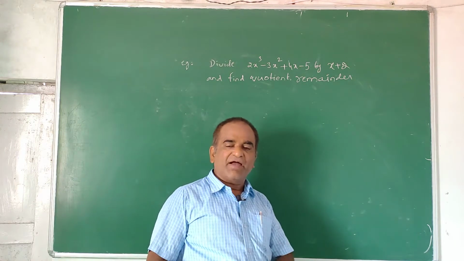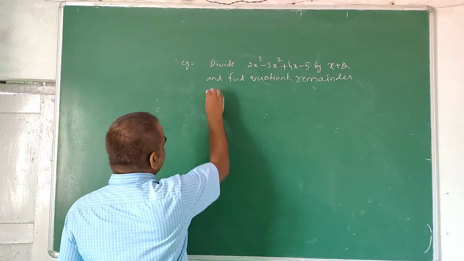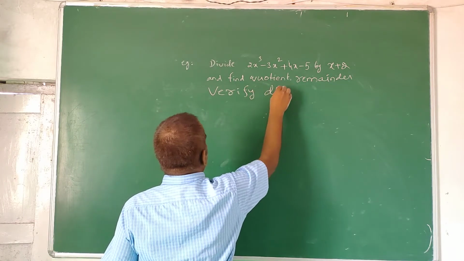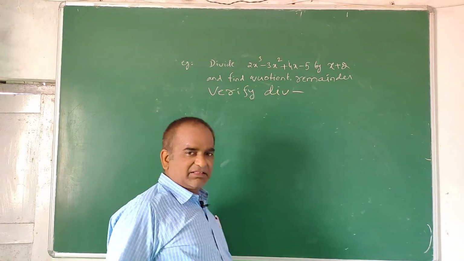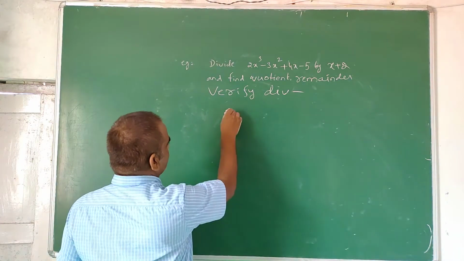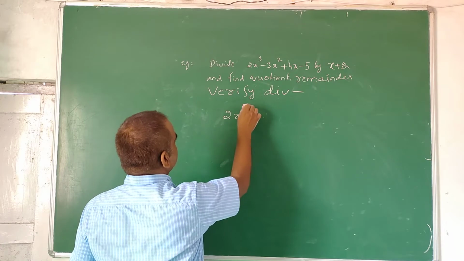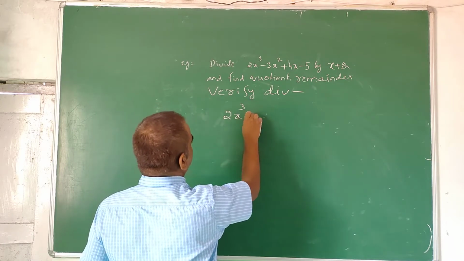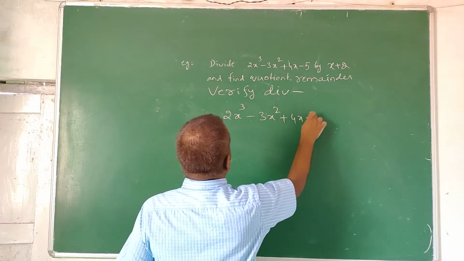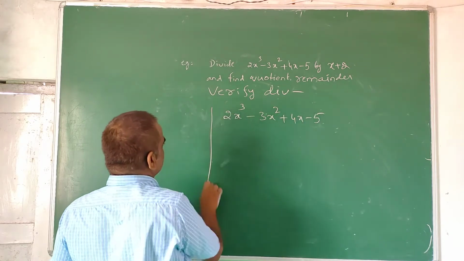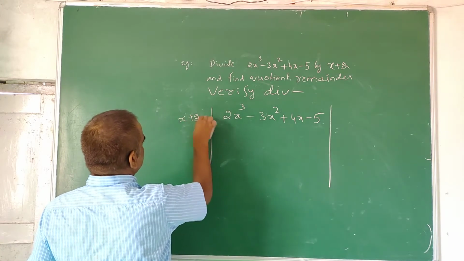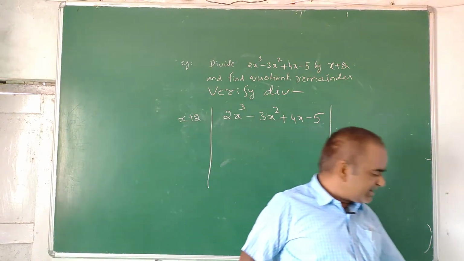And also verify the division algorithm of polynomials. That is the question. So now let us take first part of the question, dividing this polynomial by x plus 2, and getting quotient and remainder.